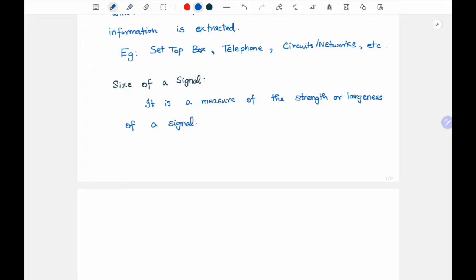And we also saw that only amplitude or the time period alone cannot decide the strength or the largeness of the signal. So we require both, right? Both the amplitude and the duration of the signal matter.